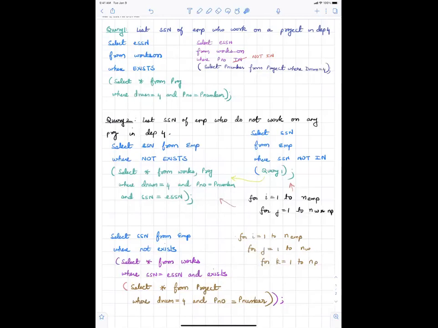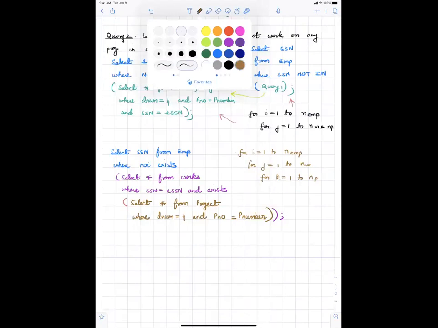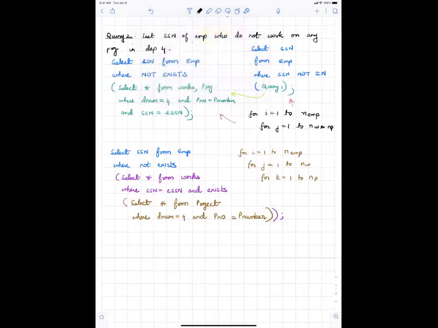Okay, the whole reason for doing this particular example was that I wanted to go over this query. When we were doing the in, that's how we motivated the in statement.